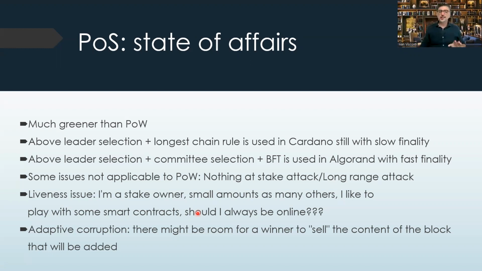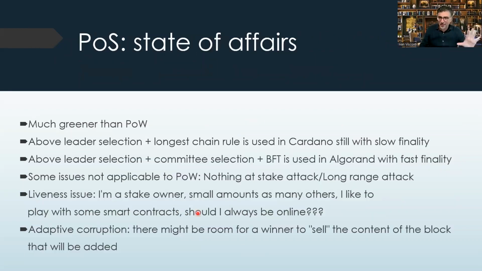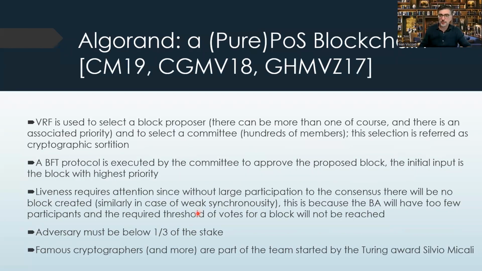So there is this possibility that one could be corrupted before announcing the transactions. All these issues: proof of stake resolves the electricity problem, but it doesn't come for free. There is a sequence of issues that didn't apply to the proof of work setting, and now they must be solved if you want such a system.